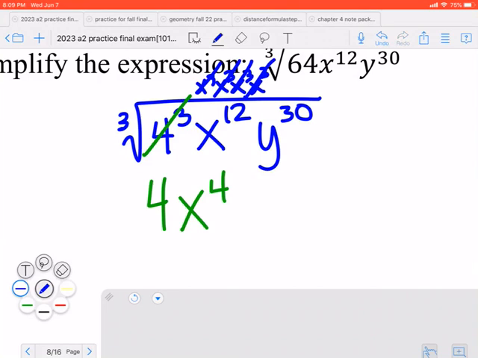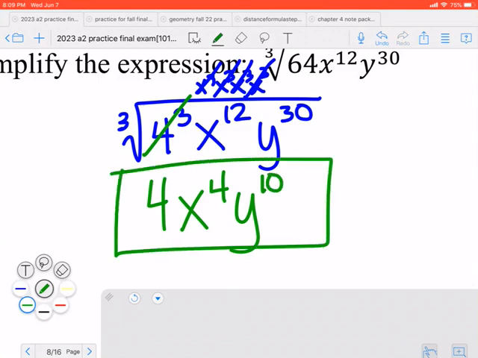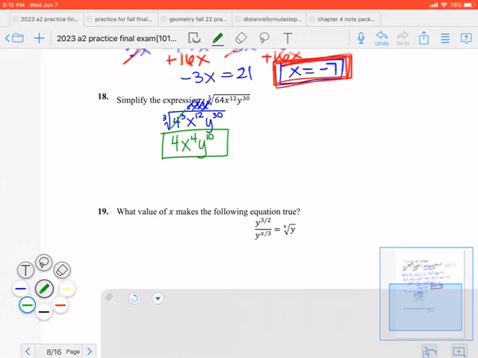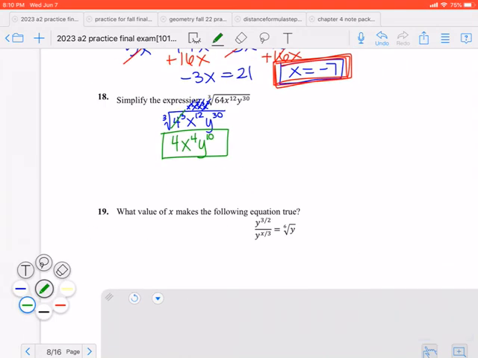The shortcut is just to go 12 divided by 3. And then 30 divided by 3 is 10. Boom. No radical left. Remember, sometimes you had stuff that stayed inside, so you would have to deal with that. Number 19.